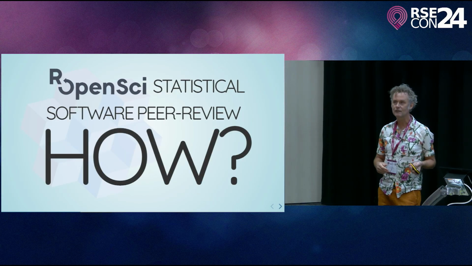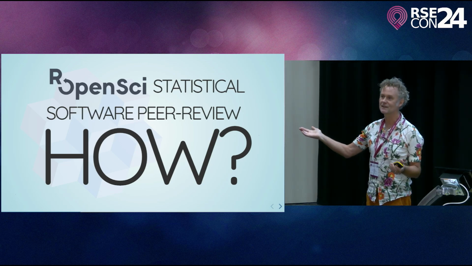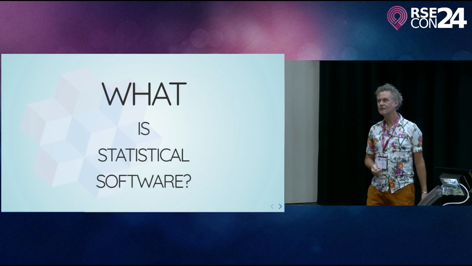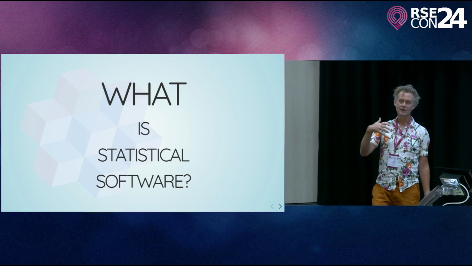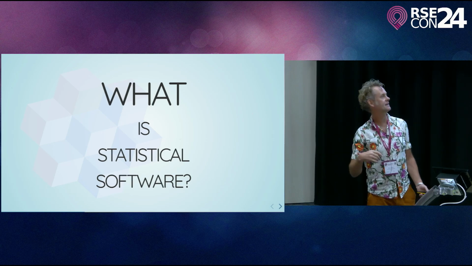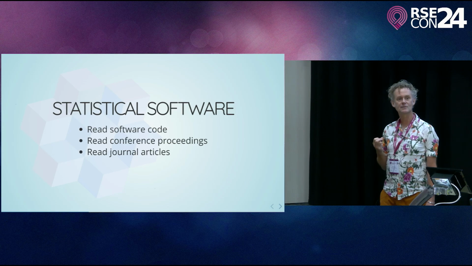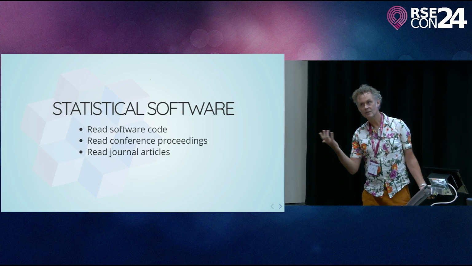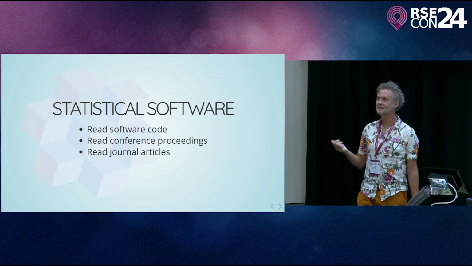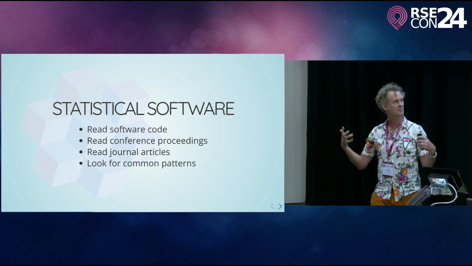I'll go into a bit of detail of the process we had to go through to make that happen, in order to understand, not to forget the focus of the talk, the importance of community engagement. So first of all, what we had to do was define what statistical software was. So I'm going to go now into a little bit of technical detail of the statistical software review process before I step back out again into the community focus level. In order to get a concept of what statistical software is, I needed to read an awful lot of software code, of conference proceedings, of journal articles, and through doing all of that, look for common patterns without even knowing what those patterns might have been.